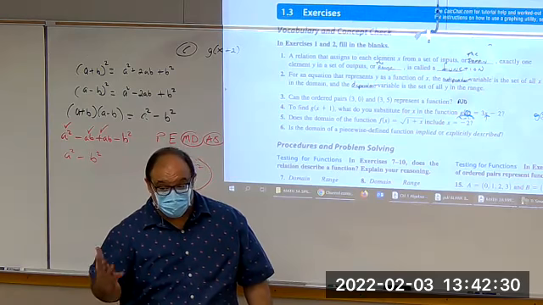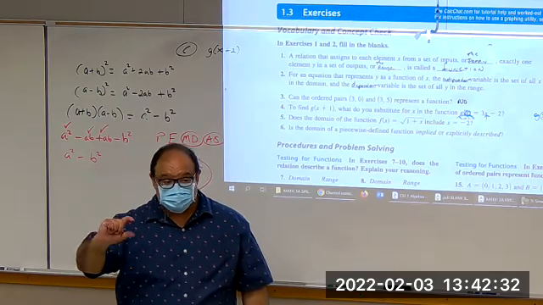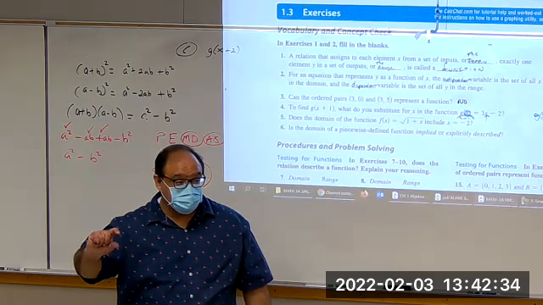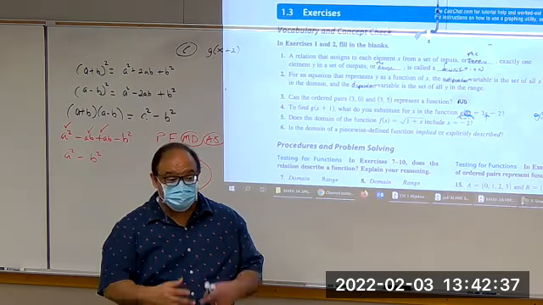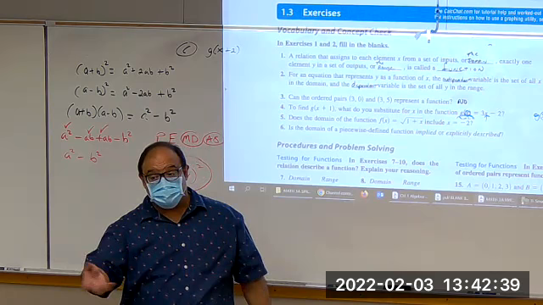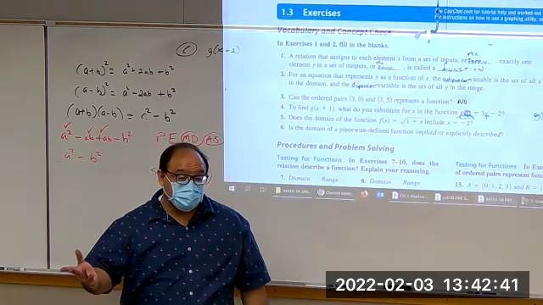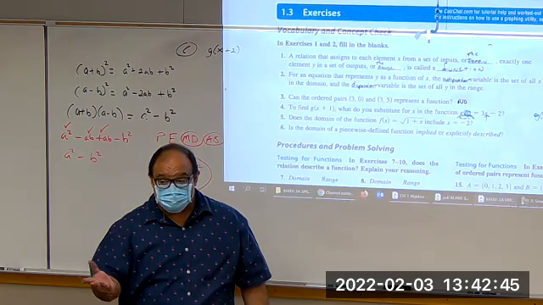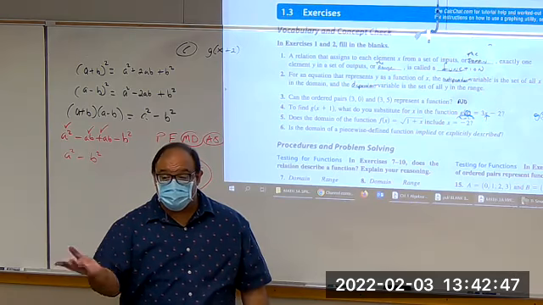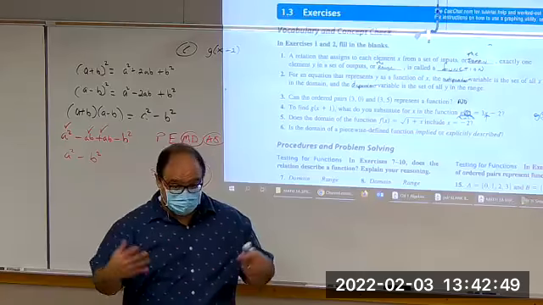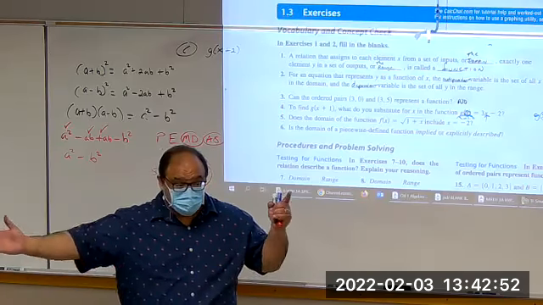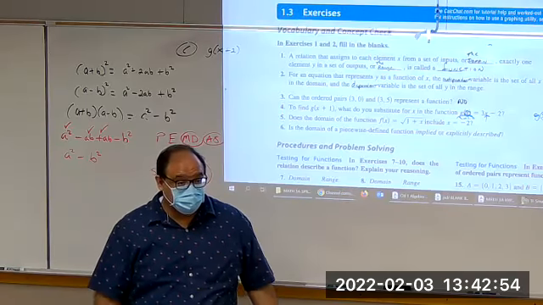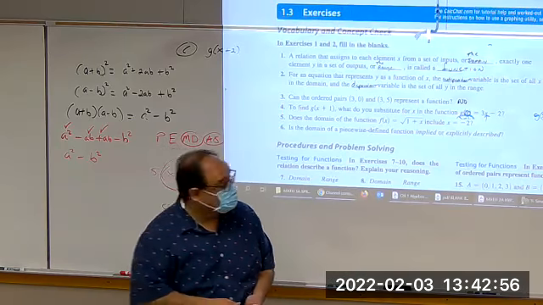The only time you really have to worry is if you have x's in denominators, because you might get a 0 when you plug something in. If your function doesn't have a denominator, then there's no reason you can't plug every real number into the domain. That's the domain: all real numbers, negative infinity to infinity.